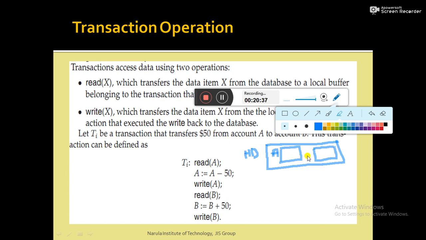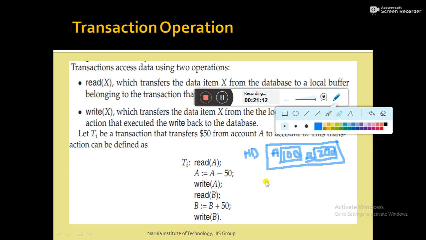So this is account B. Suppose account A has $100, account B has $200, so these accounts all are in the hard disk.